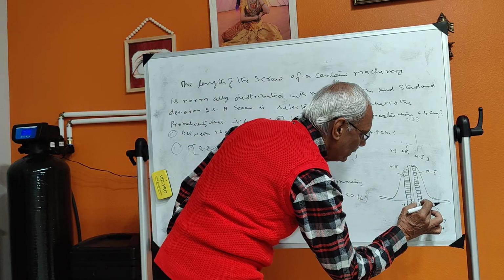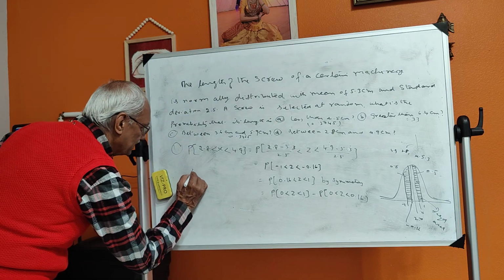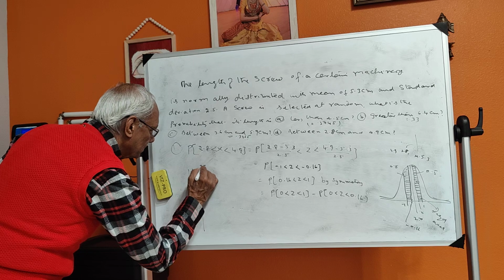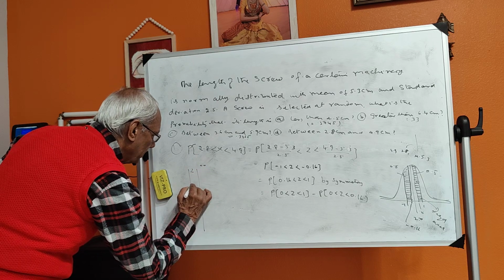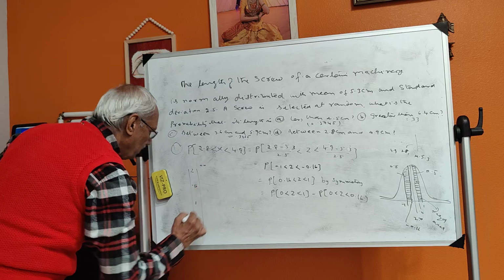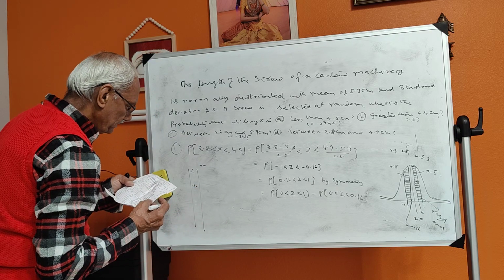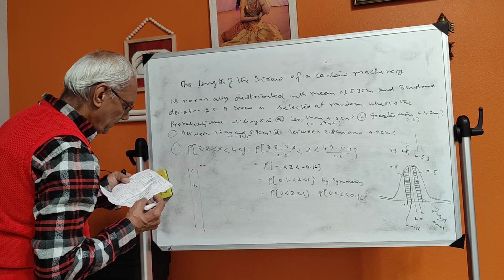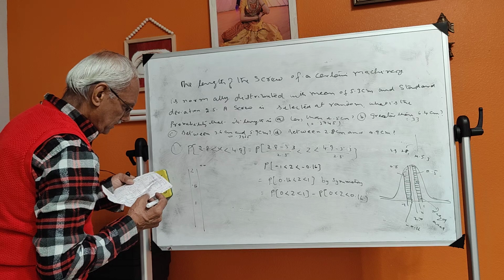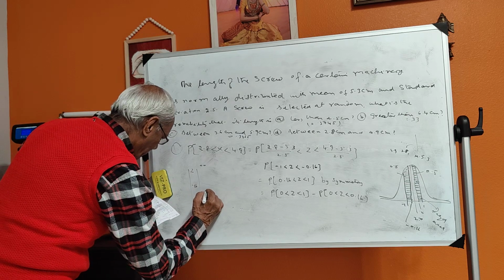So the whole area 0 to 1, take away this area. Here you see that for 1, you will find the area to be 0.3413.